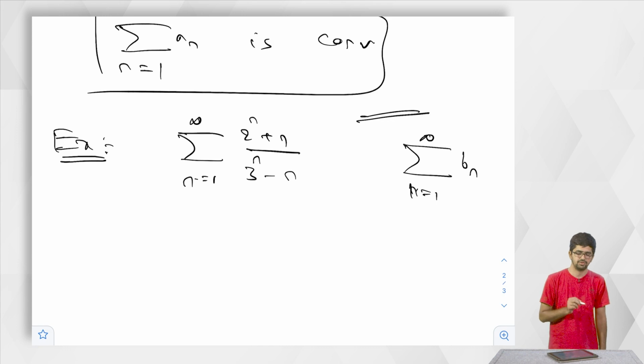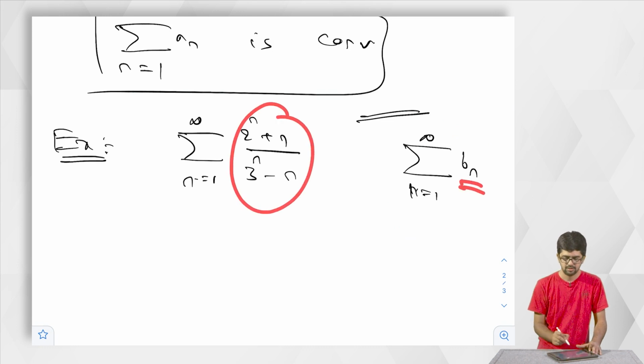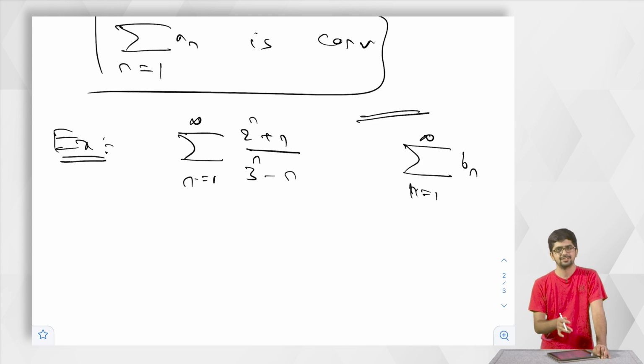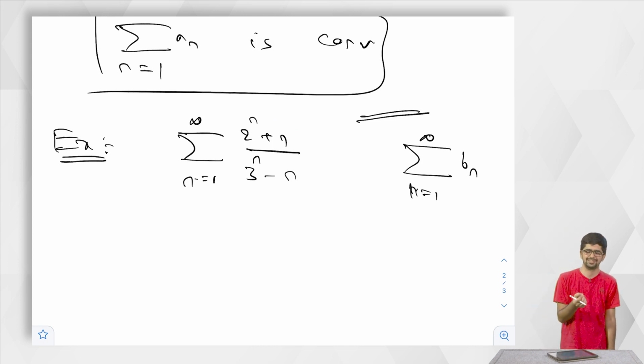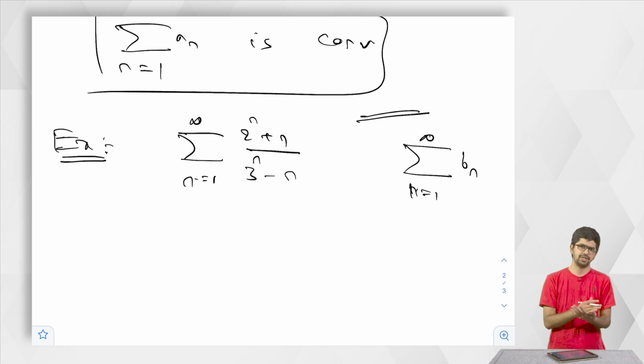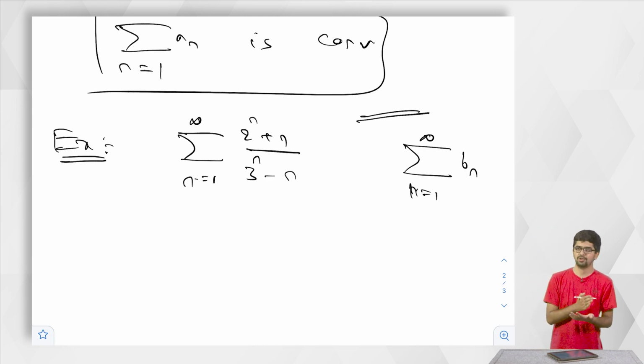Now we are trying to see whether we can get a series b_n such that this by b_n goes to 1. We only know very few series which are convergent. One of them is 1 by n square, or the same thing can be extended to 1 by n power k for any arbitrary k not equal to 1.